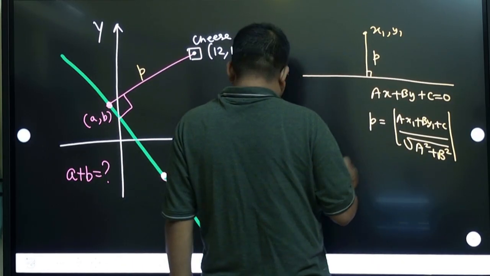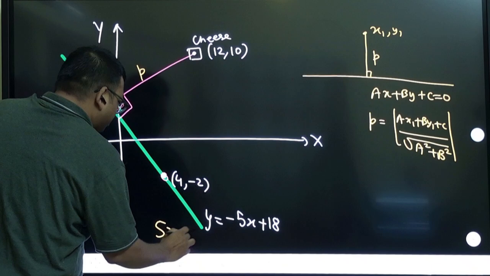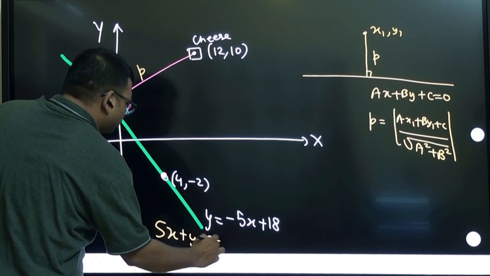Let us calculate this P. First rearrange the equation of the line: 5x plus y minus 18 equal to 0.